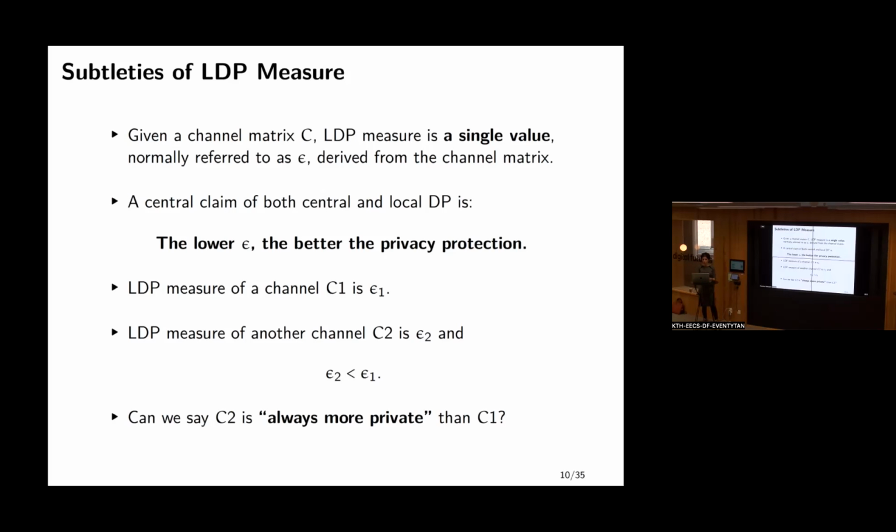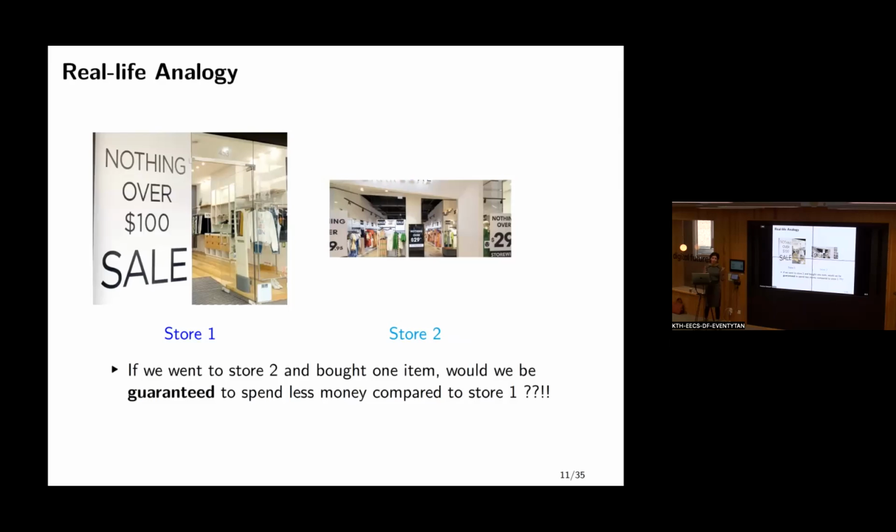I want to tell you a real-life example, and hopefully that will motivate what I'm talking about and make it more understandable. Let's say you have gone shopping and you pass by two stores. One of them has a sticker on its window, nothing over $100, and the other store says nothing over $29.